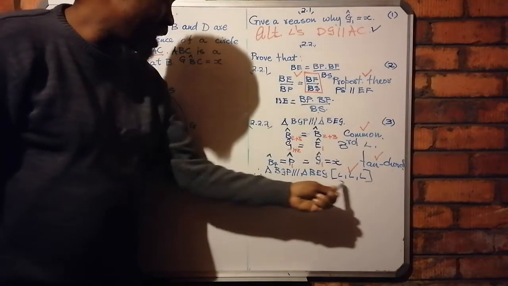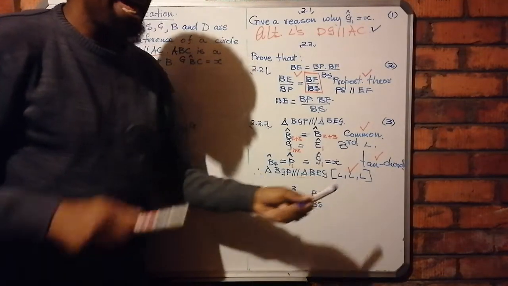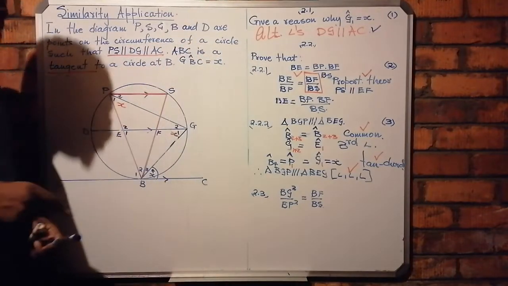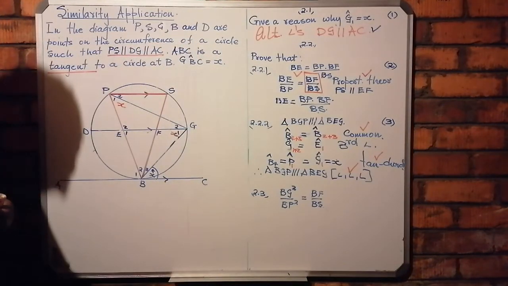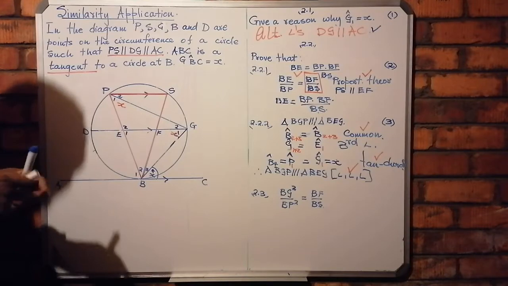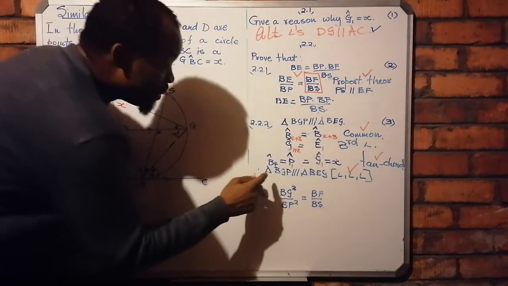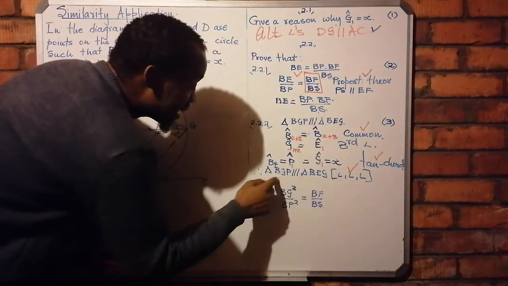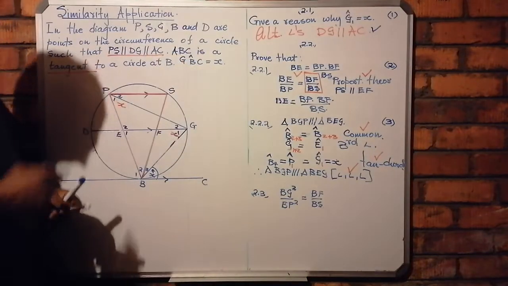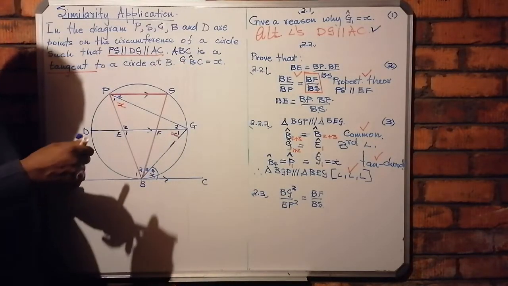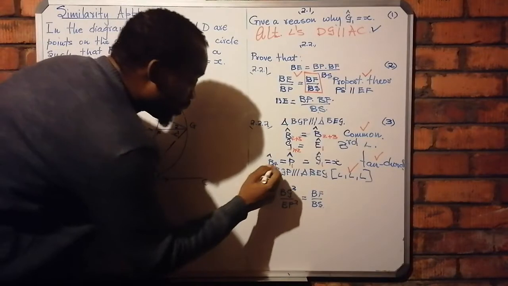I have proved them to be similar. And their corresponding sides are in the same proportion. Now, because these 2 triangles are similar, it means their corresponding sides are in the same proportion.